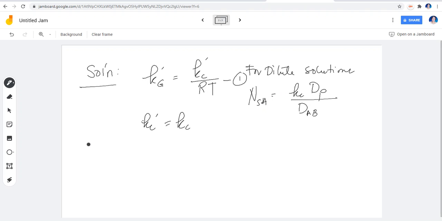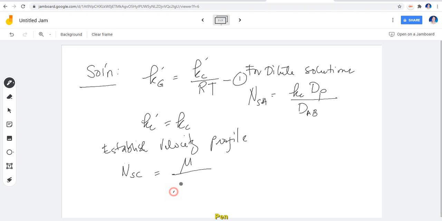So we need to establish, in this case, our velocity profile. So we can start with our Schmidt number. So we have mu divided by rho and the molar diffusivity.